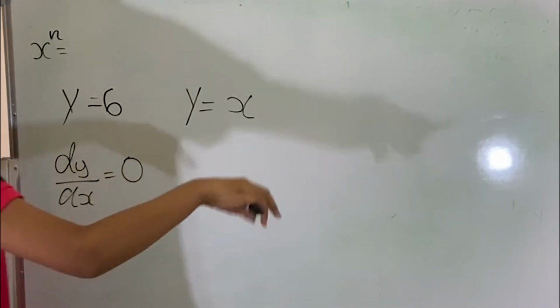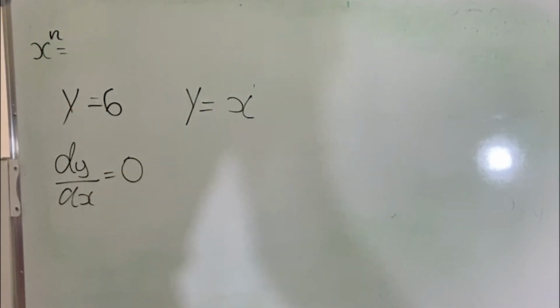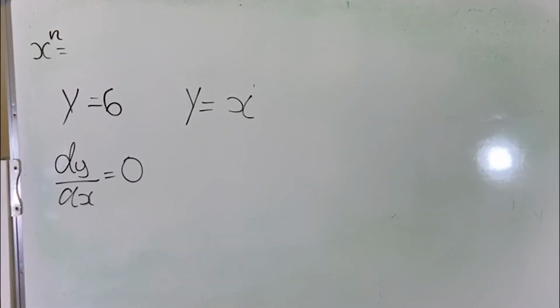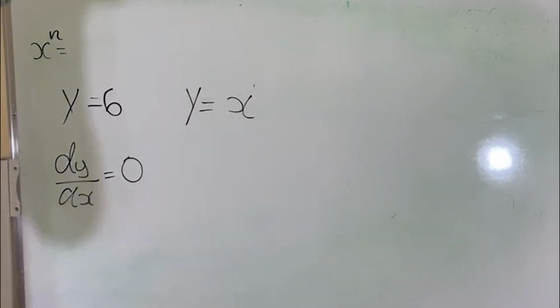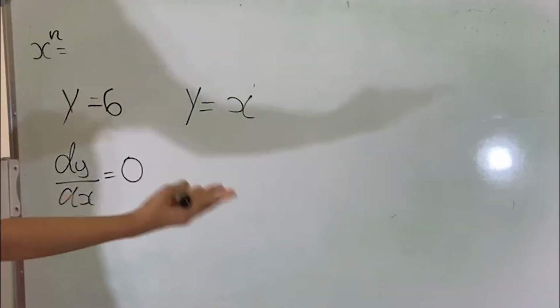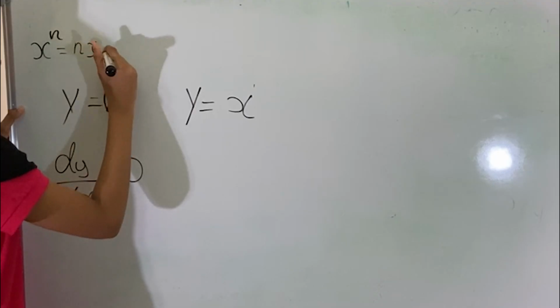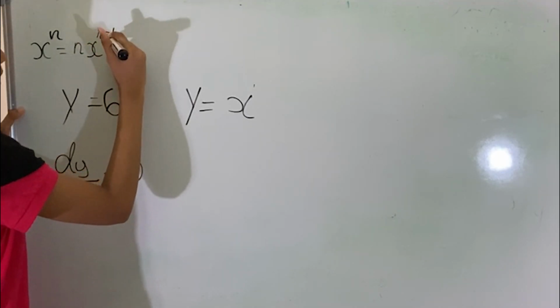Here on top of x it's a 1, but we don't have to write it in. The derivative is n x raised to n minus 1.